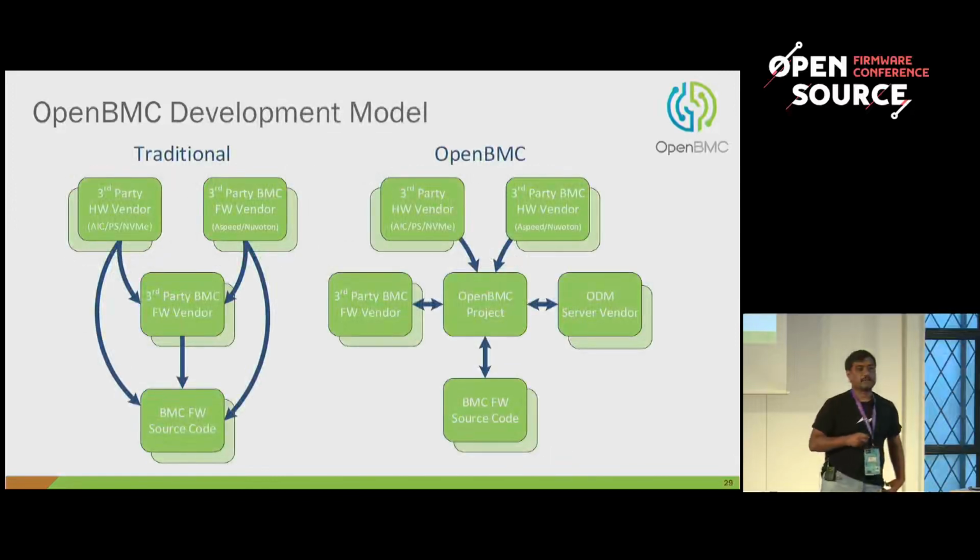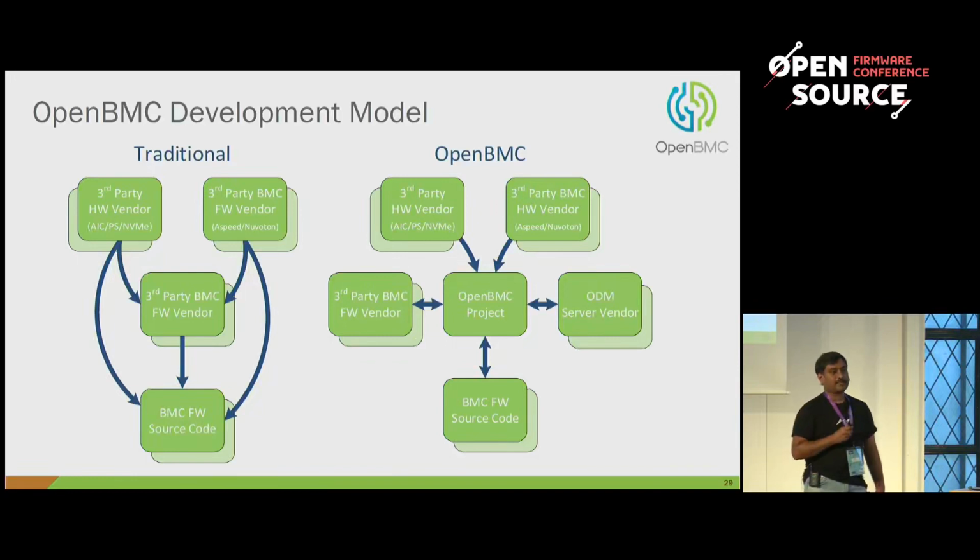From the development model point of view, the left side is what we have been doing before. We have hardware vendors like ASpeed giving you the BMC chip, or other hardware like NICs and power supplies from other companies. They give the SDK, and then we work with the third-party vendor and then the ODM, and it flows through different ecosystems. There is no real ecosystem in the previous case.